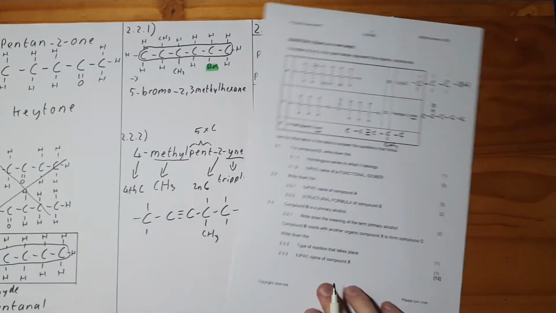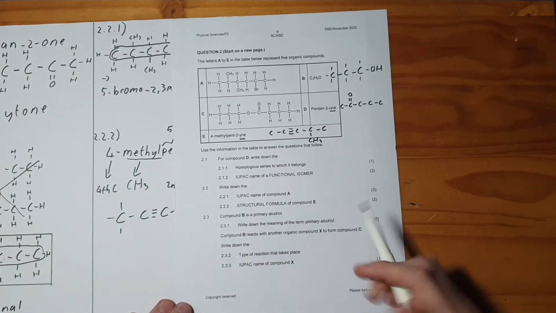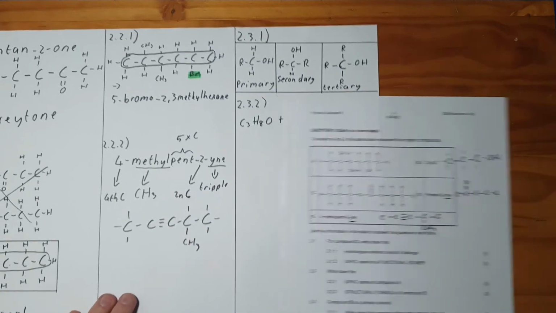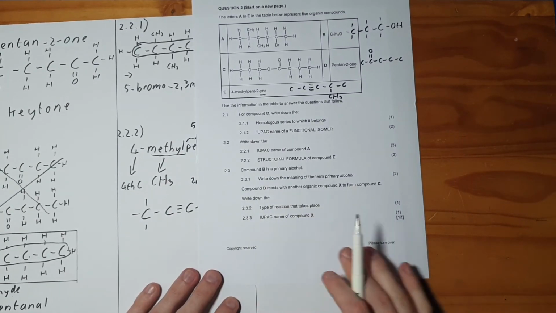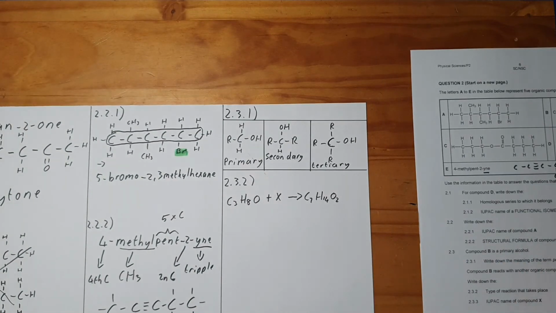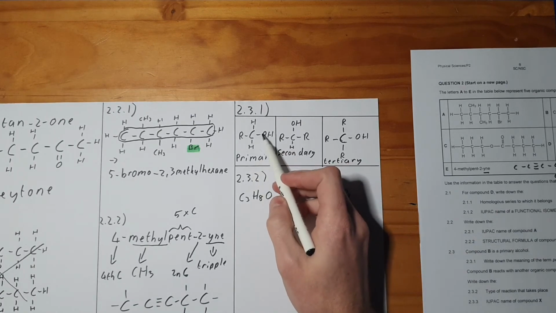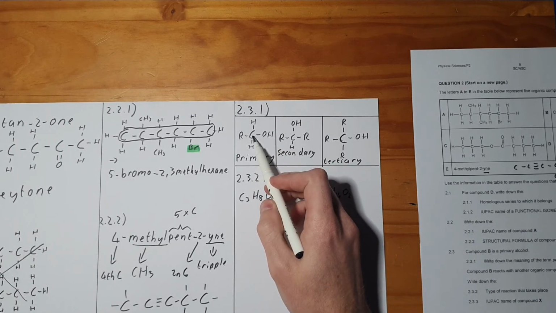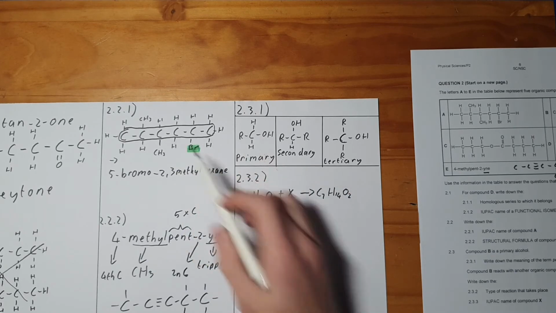Then looking at 2.3, it says look at compound B. So B, we're dealing with an alcohol. It asks you 2.3.1, write down the meaning of primary alcohol. I'm just going to give a rough overlay of the difference between the three. Primary alcohol is where your OH is bonded to a carbon that's bonded to just one other carbon. The R represents the chain continuing to the left.